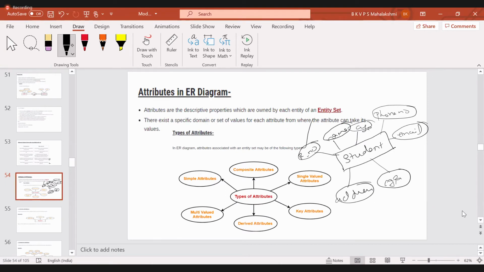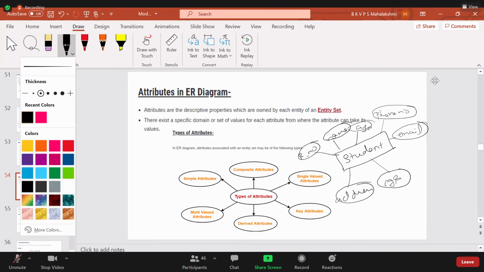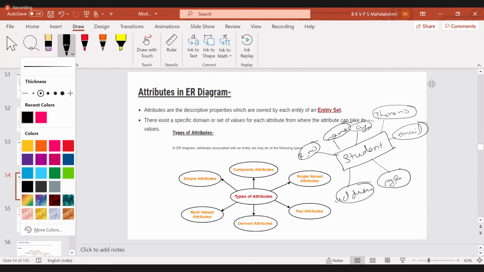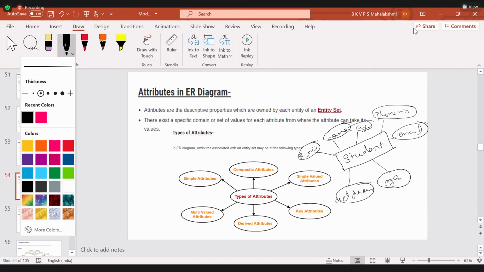Understand? So now, assume these are the attributes for the student. Now I'll tell you the differences among all these types. At first, single valued attribute.